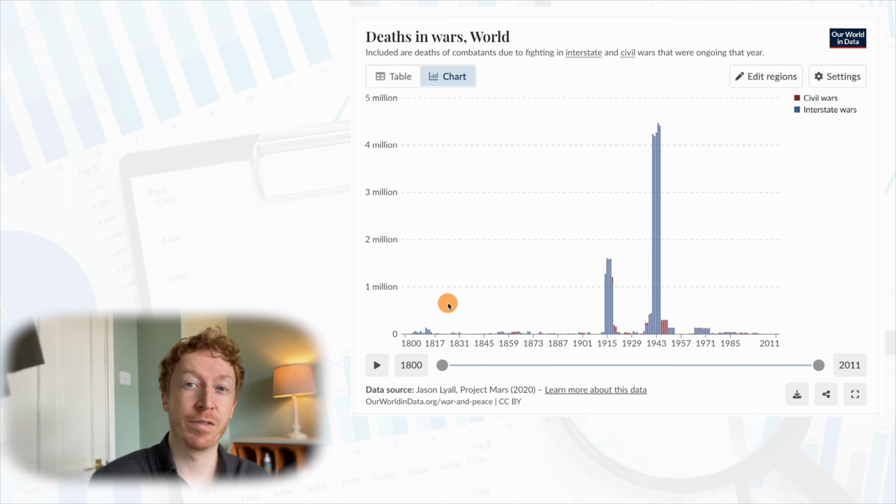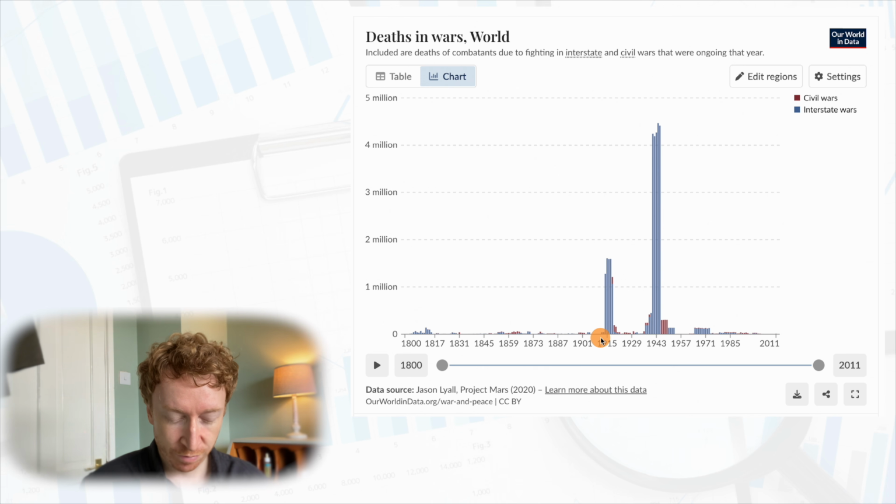To me, the main features of this chart are between approximately 1914 and 1920, we can see that there was a sudden spike in deaths in wars, and this is due to World War I occurring during this time. Between approximately 1938 until around 1950, we can see a dramatic spike in the number of dead people in wars.